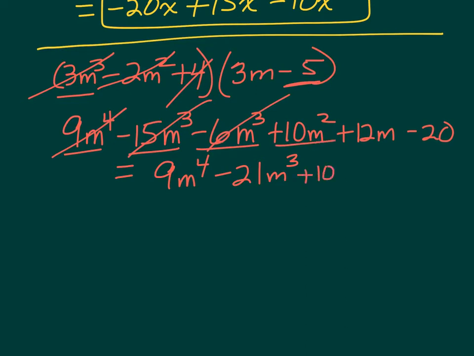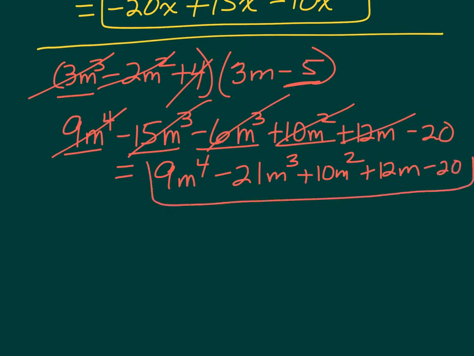That's the only m squared term I have. Done with that. And 12m is the only m term I have. Done with that. And minus 20 is the only constant that I have. So there we go. 9m to the 4th minus 21m cubed plus 10m squared plus 12m minus 20.